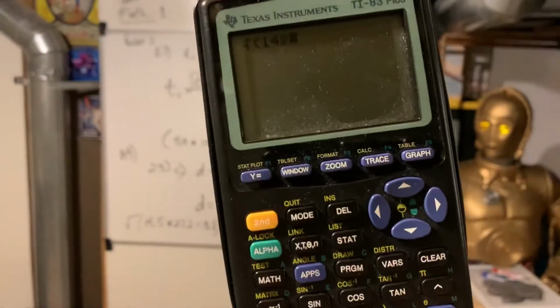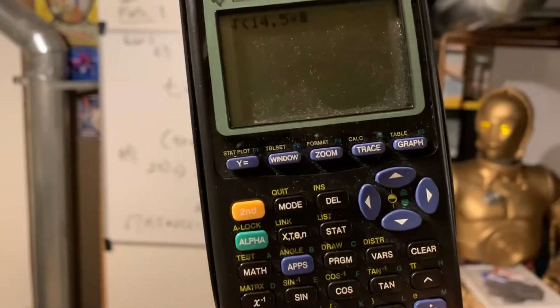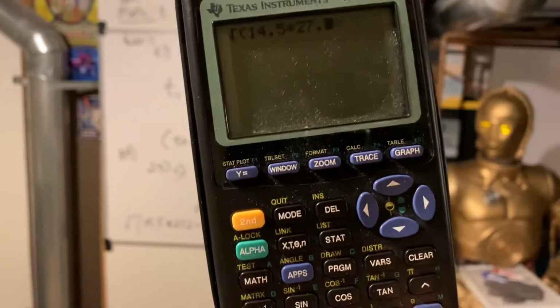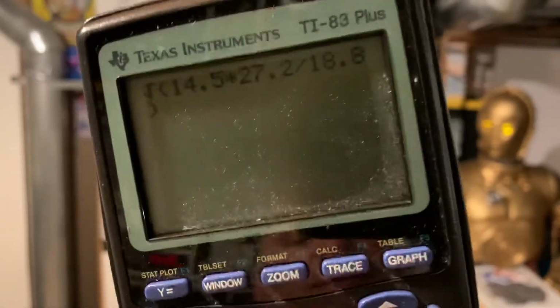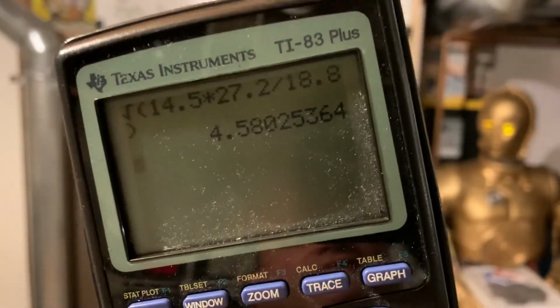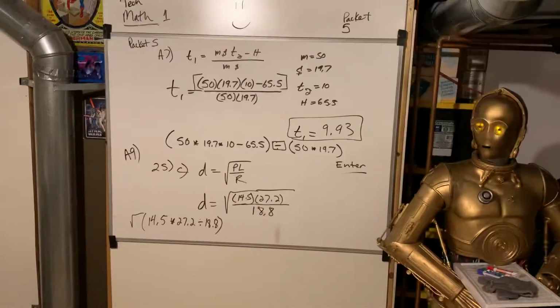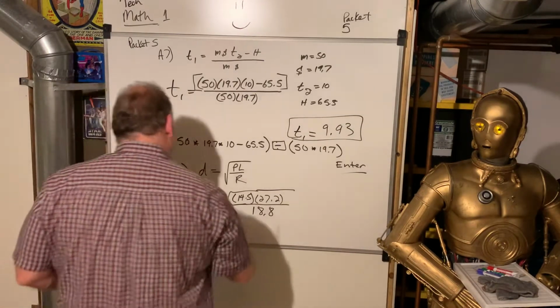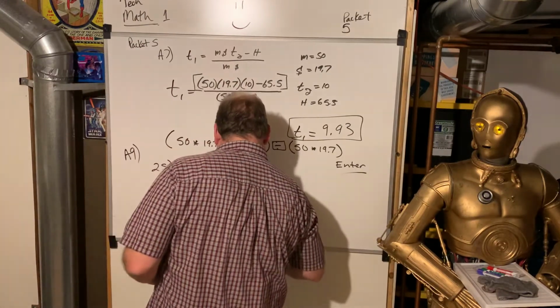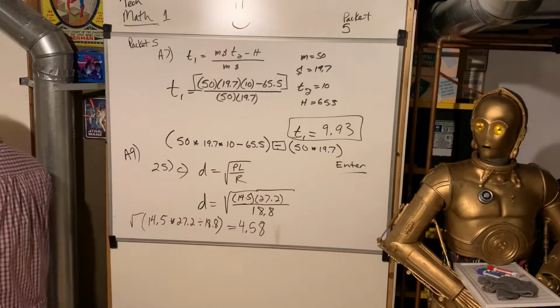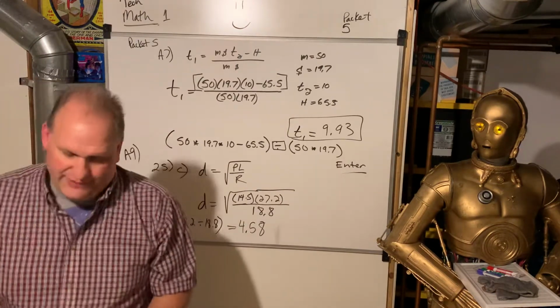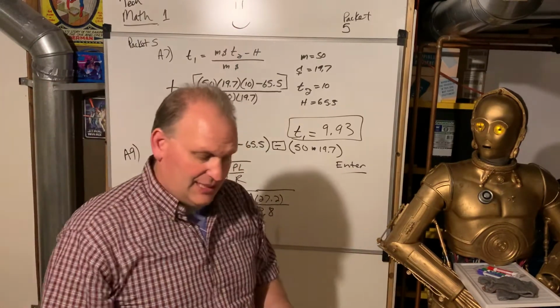And then 14.5 times 27.2 divided by 18.8 end parenthesis. And so that's what it looks like typed in, and you just hit enter. And 4.58. Again, I think it's unlikely that you haven't already seen these things on your calculator.